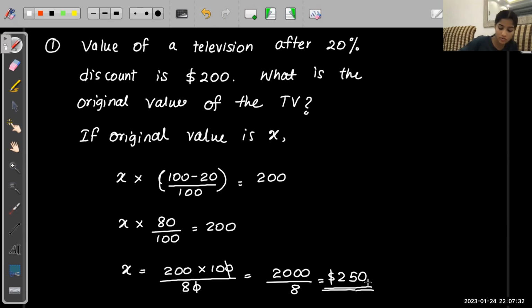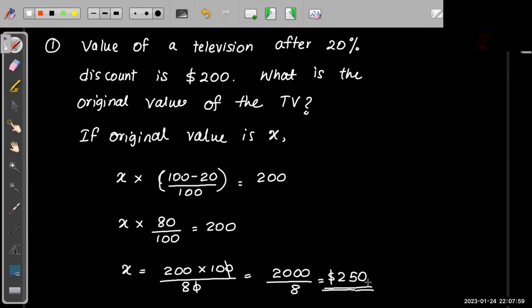So x equals x times 100 minus 20 over 100. That equals 200, and then x times 80 over 100 equals 200.